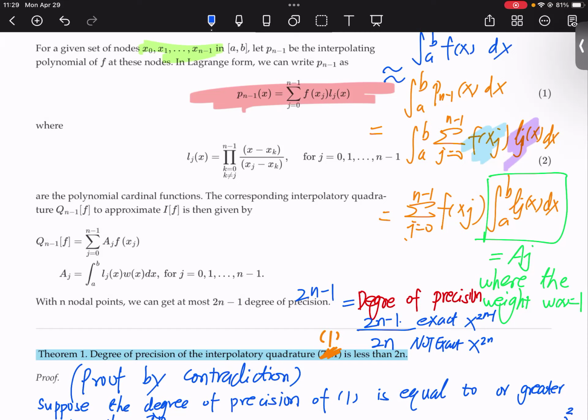If the degree of precision holds, which means the blue part is exact, then this part should equal this part. So let's take a look at the left-hand side, and also at the right-hand side.